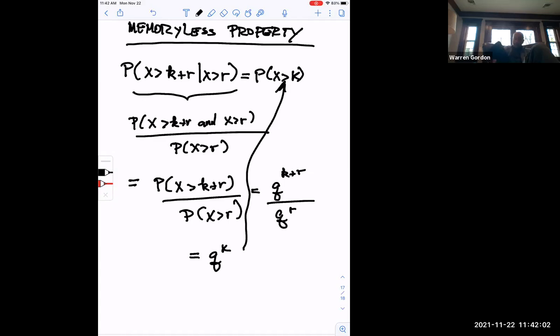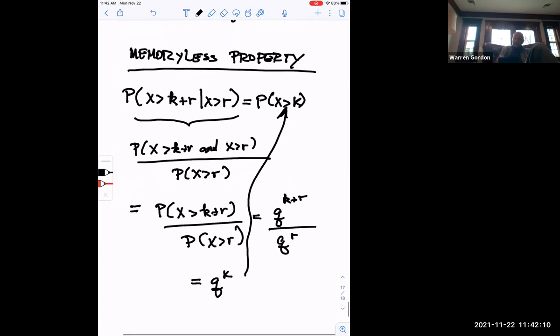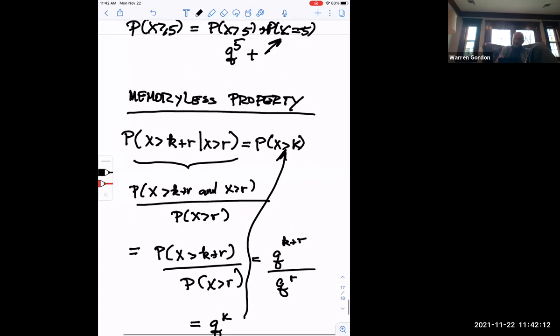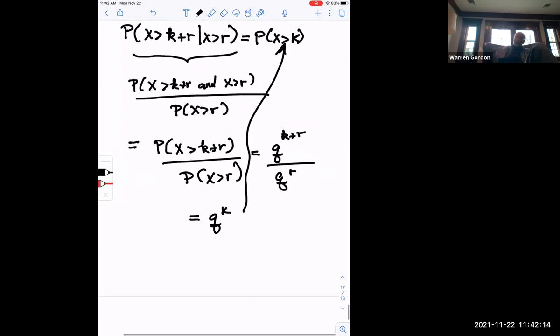So we have this memoryless property. Interesting idea. One can prove, by the way, that the only discrete distribution that has this property is in fact the geometric distribution. So this could be a defining property of the geometric distribution.